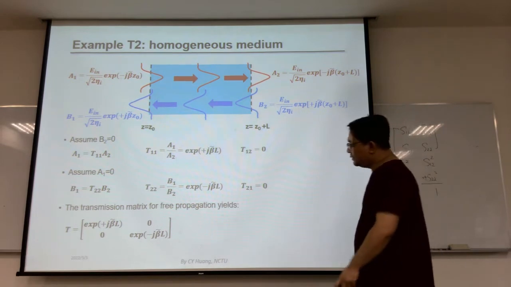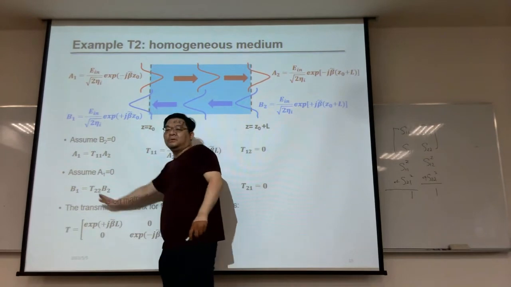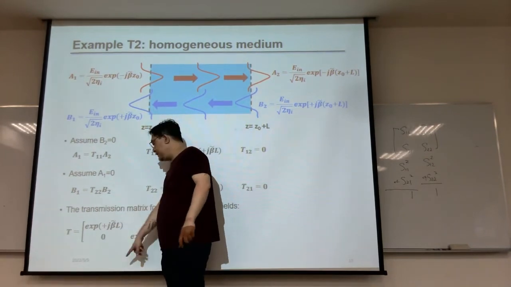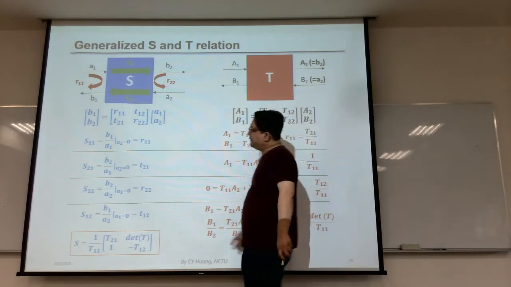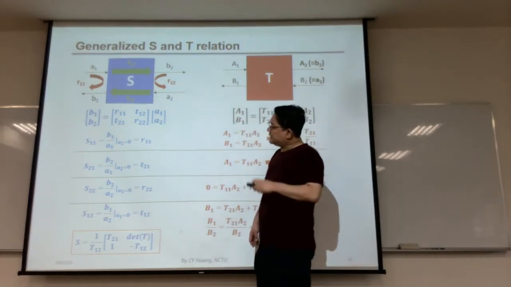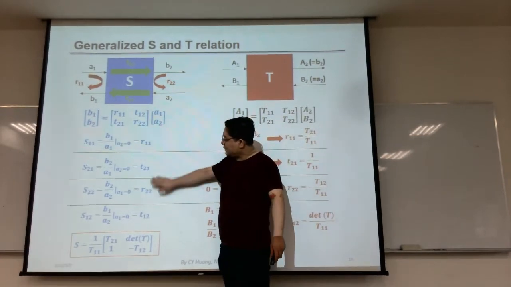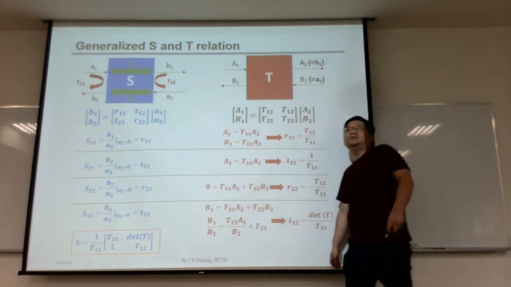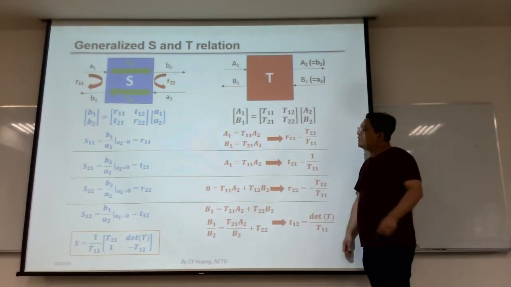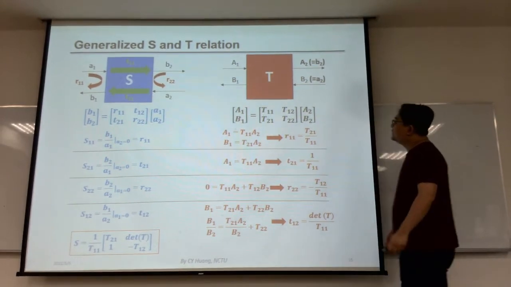Yeah, so it's non-zero at the diagonal, but it's all 0 at the other entries. So we have the scattering elements R11, T21, R22, and T12 intuitively. So how do we map the S with those T?